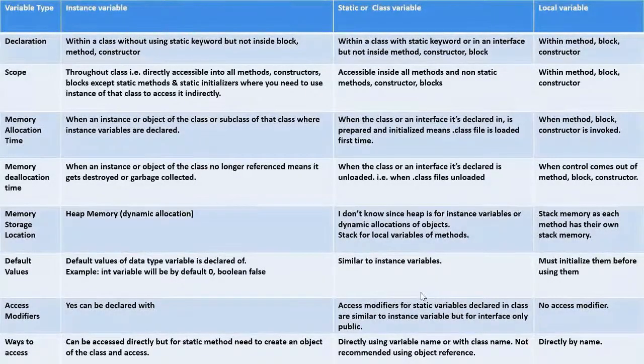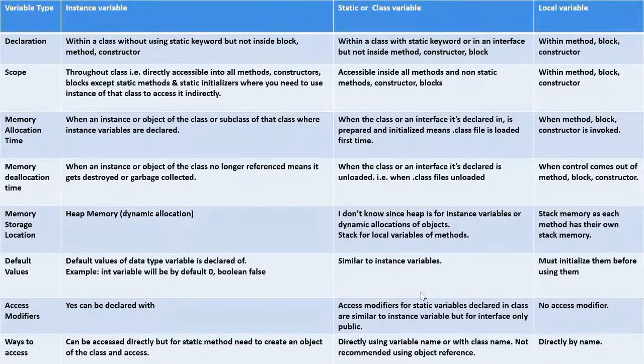Ways to access: directly using the variable name, as we saw in our example, or with the class name, and we can also access it using an instance, or we can say an object reference of the class, but that is not recommended since it may confuse you while differentiating between the static and the instance variable.